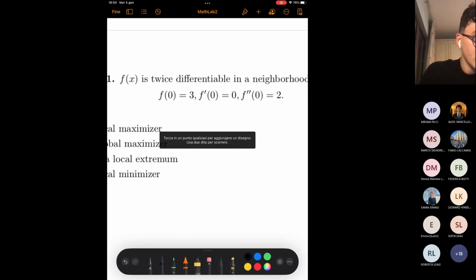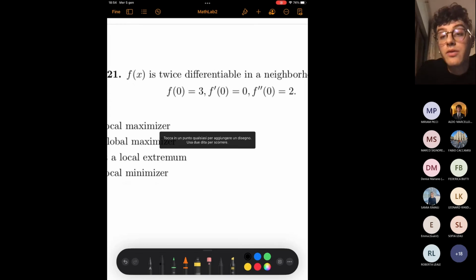Now, what can we say about these 3 points that we have been given in this exercise? First of all, by knowing the derivatives, and specifically the signs of the derivatives, we can understand how the function behaves. With respect to the first derivative, if f prime is greater than 0, the function is increasing.